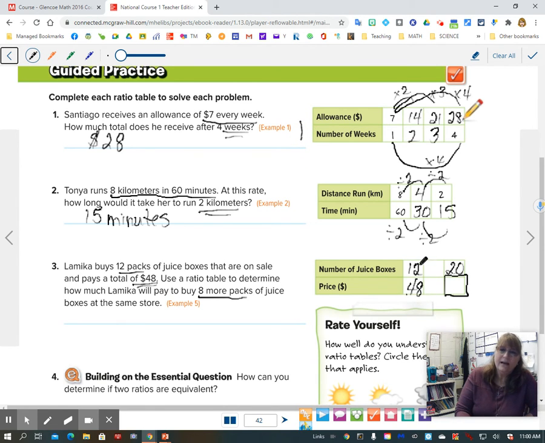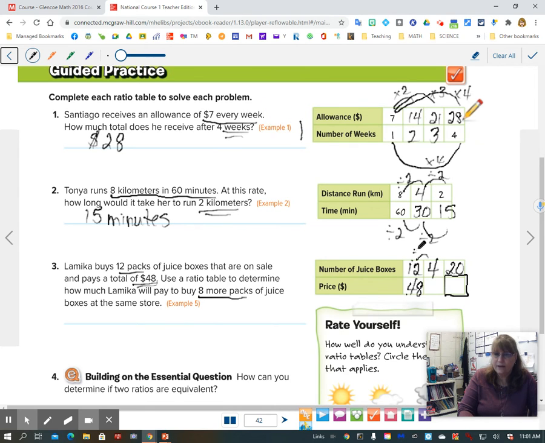Now I can't take 12 times anything and get 20, but I can find a number that would go in the middle. Something that if I divide 12 by something, I would get this number, and that number I could multiply times something else to get 20. So why don't we try 4?